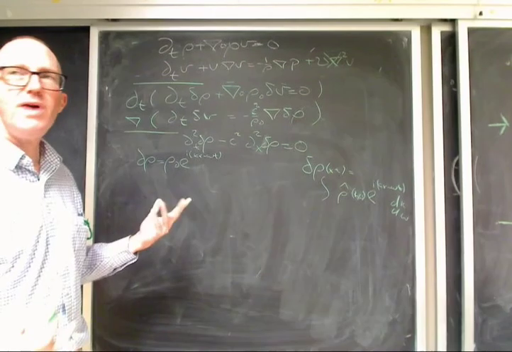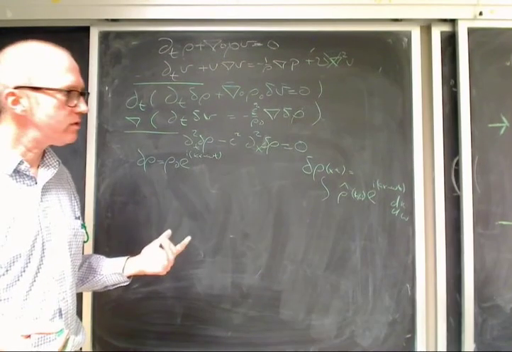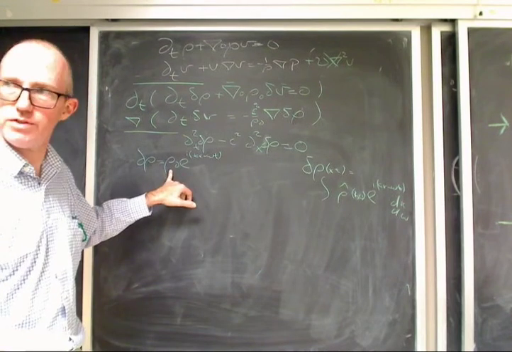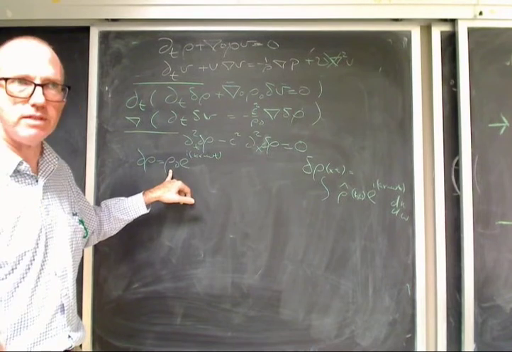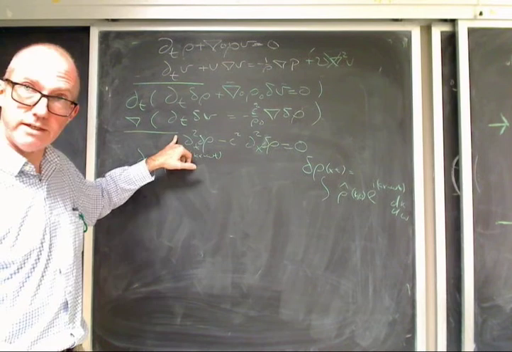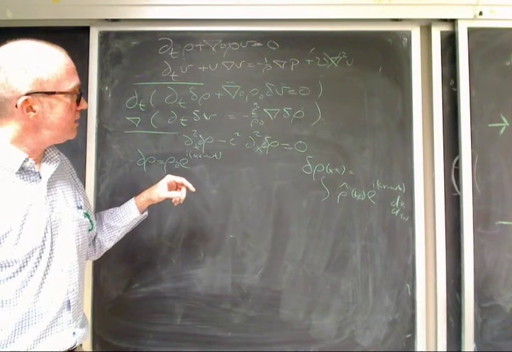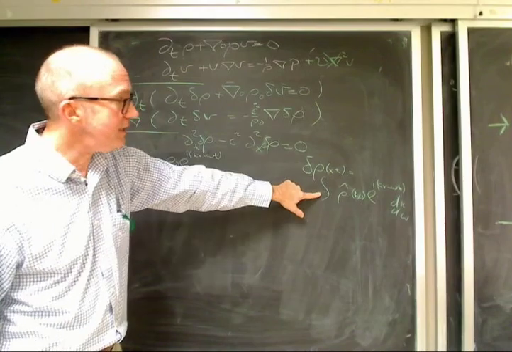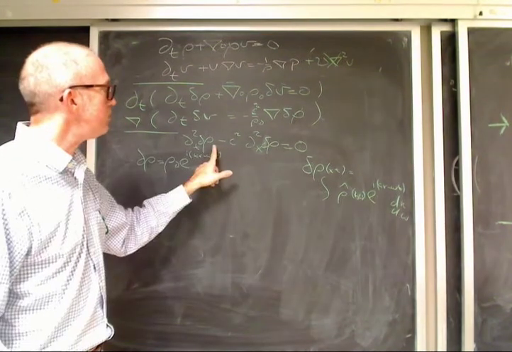Now rho hat doesn't really matter for us because we don't have any coupling between the modes. So it'll kind of go away. We'll just say that rho hat is rho naught. That's our mean. We'll just deal with one frequency at a time. We can do this because the equation is nice and linear. So what I really do is I take this, which is actually an integral, and I stick it in both of these places.